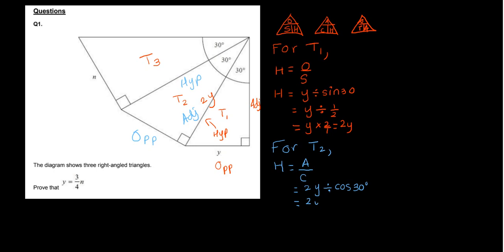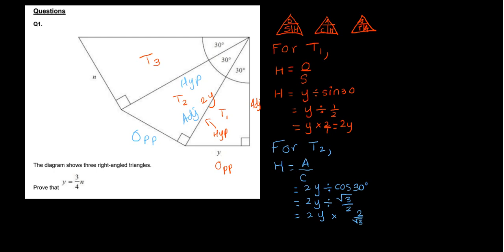So that's 2y divided by, and the cos of 30 is root 3 over 2. So when I'm dividing by a fraction, I multiply by its reciprocal, so it's 2y times 2 over root 3.